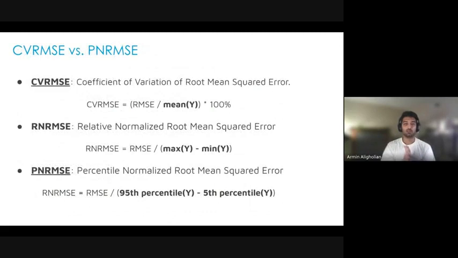So what is CVRMSE? It is the coefficient of variation of RMSE, or root mean square error. Basically, we calculate the RMSE for each period of time that we want and divide it by the mean value of the target variable, which in our case is the AMI data. There's a problem with this, which I'll show you in the next slides.